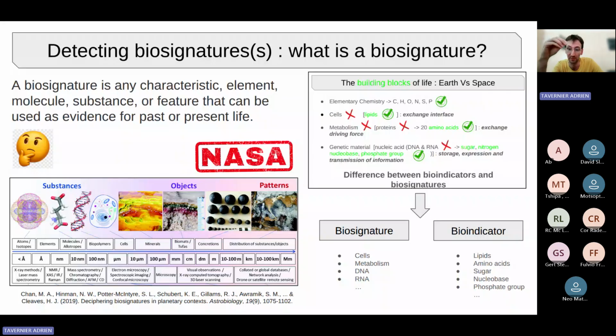We are sure that if we find this kind of signature on Earth or another body, it's characteristic of life. We also have this chart here in order to summarize these definitions scientifically: the different scales at which we can detect life, the instrumentation we can use, and the different compounds you are looking at in order to detect life.